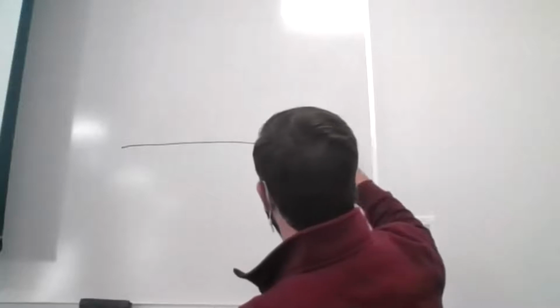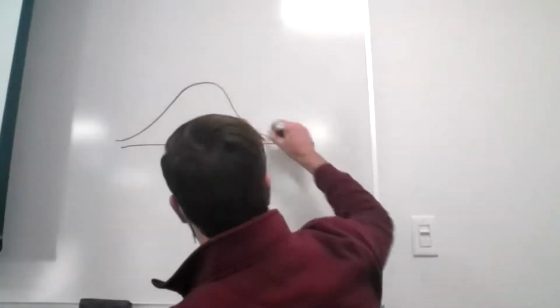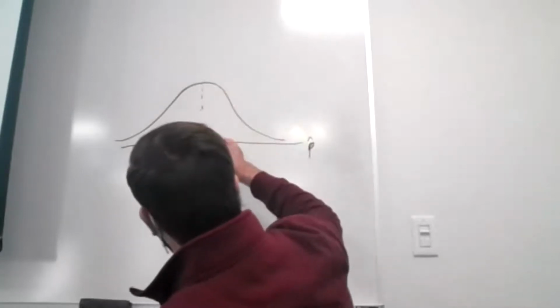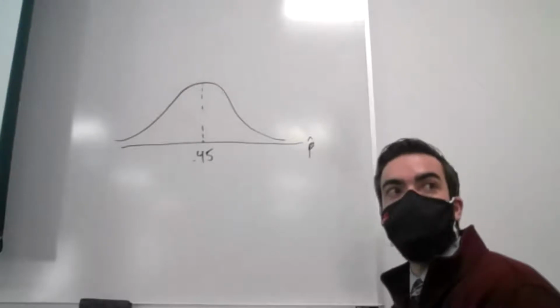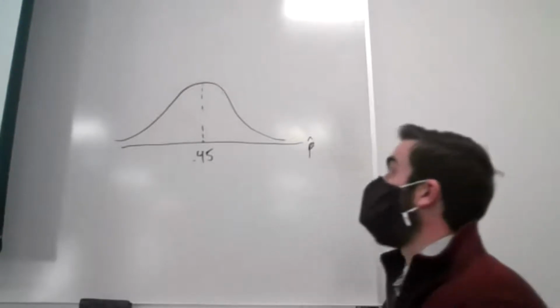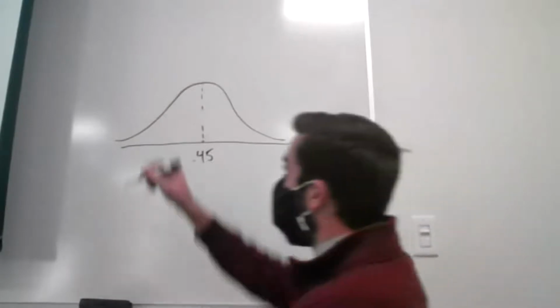So what we're really thinking about is we have this distribution of sample proportions, and we're going to assume it's centered around that assumed true population proportion, right? Or the distribution of sample proportions should be centered around that value if it in fact was true.